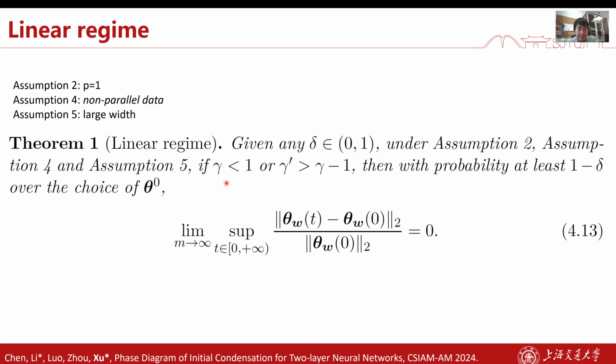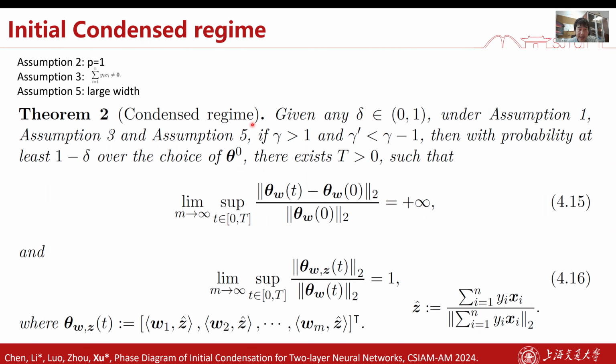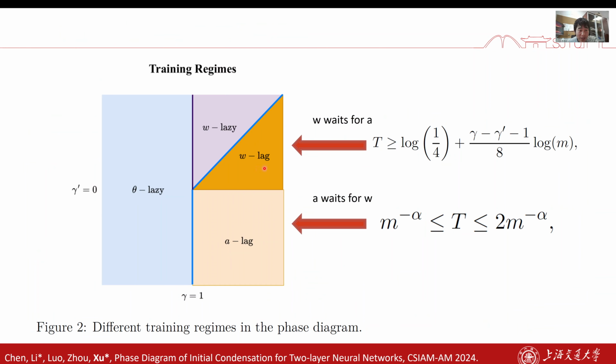For this linear regime, we can prove that neurons won't get clustered, won't condense. But for the condensed regime, we can prove they will condense initially at some training time. And we will show that in this regime and in this regime, the estimated condensation time is very different, because their training behavior leads to very different nonlinearity.